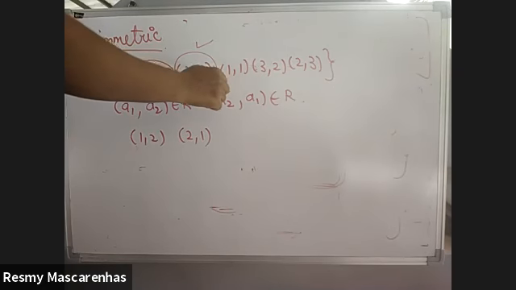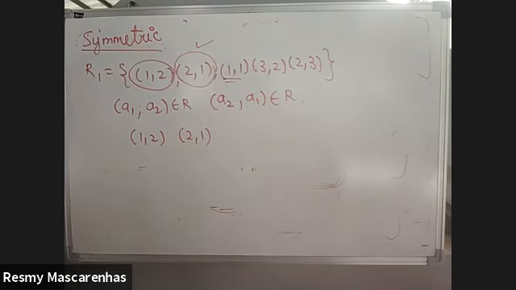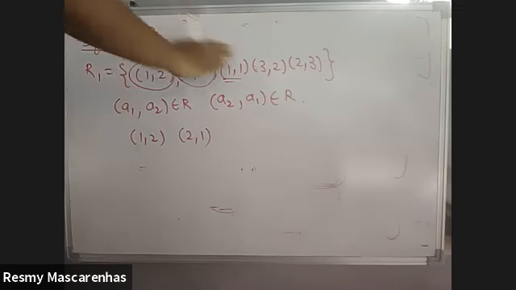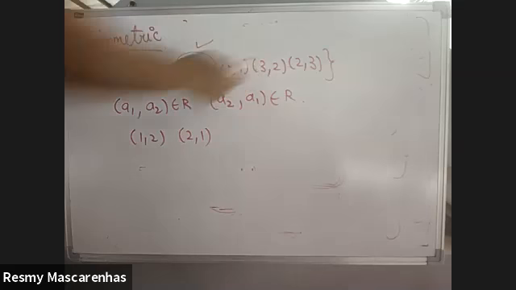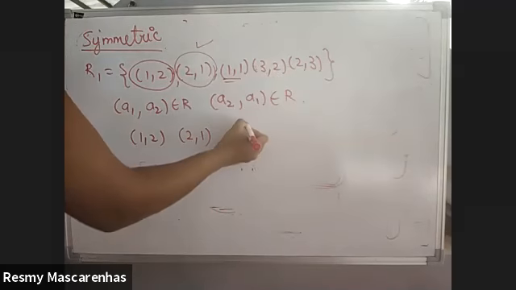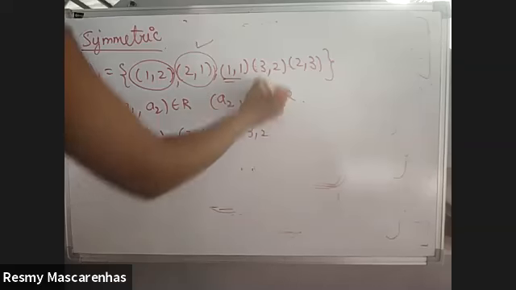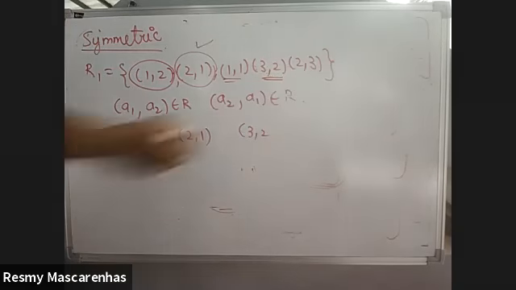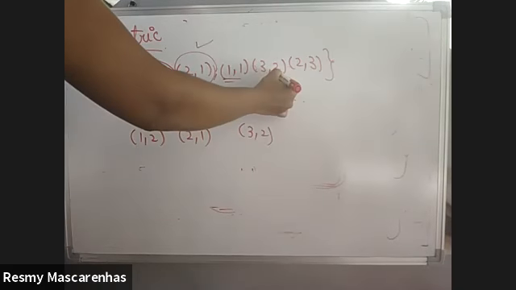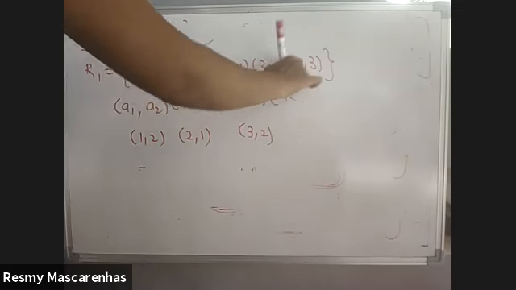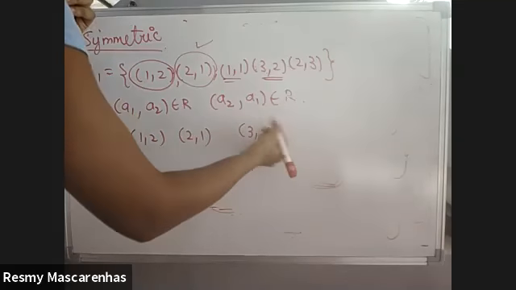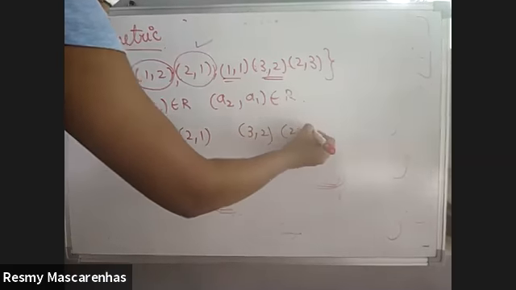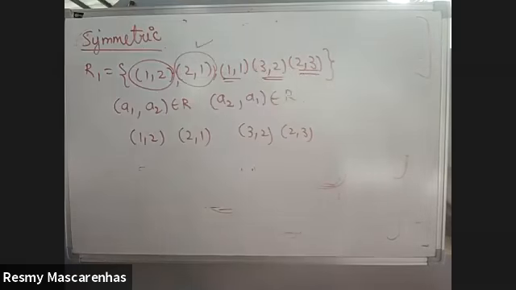This one is for the reflexive condition, and I don't need to check it because I'm only checking for symmetric. Then check 3 comma 2. 3 comma 2 is there. Then if this is there, 2 comma 3 also should be there. Is it there? Yes.